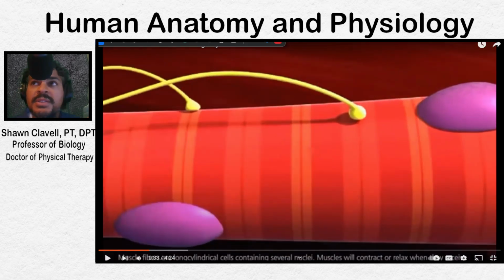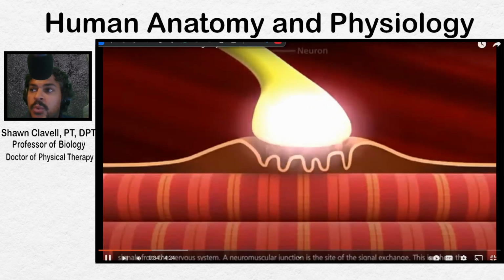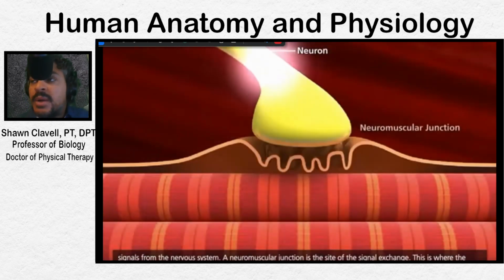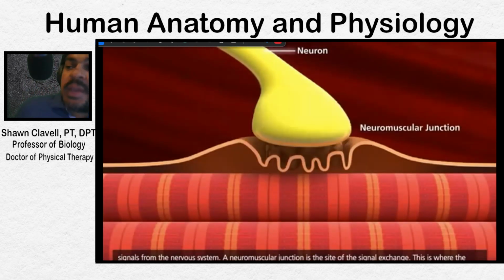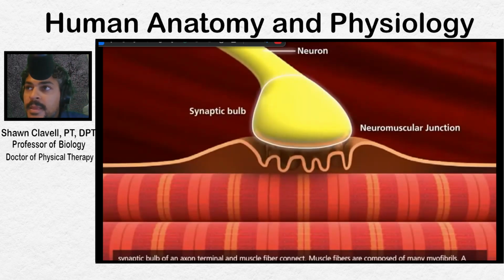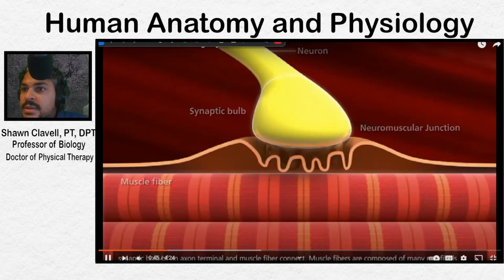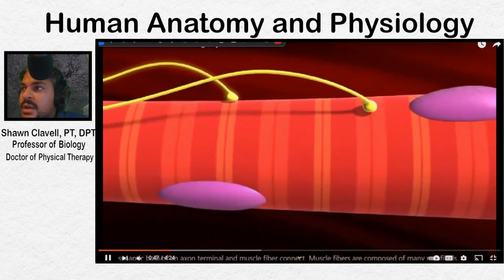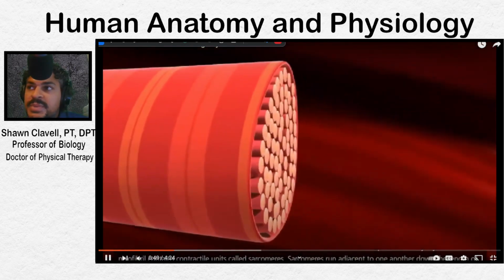What you can see here is first you have the nerve, with the muscle tissue in its long cylindrical shape. Where the motor neuron meets the muscle, we have what's known as the neuromuscular junction. It's the muscle fiber itself attaching to the motor neuron, which is specific to the muscle.